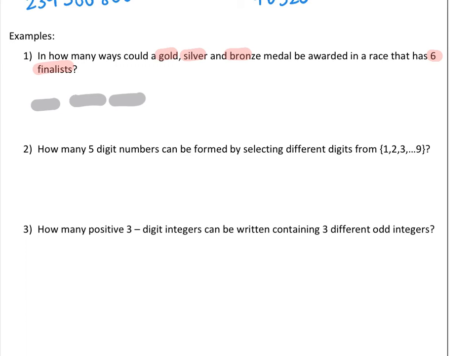You could go, I have 6 people who could possibly get gold, 5 then who could get silver, and 4 who could get bronze. Or we can use our permutations. It's basically saying I have 6 people and I need to pick 3 of them. So 6P3. Either way, whichever one I use, it's going to give me 120. Okay, so it works the same both ways.